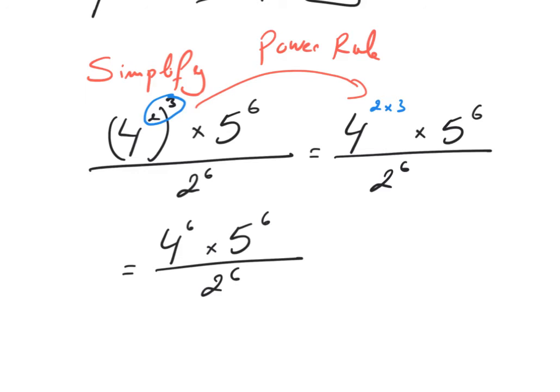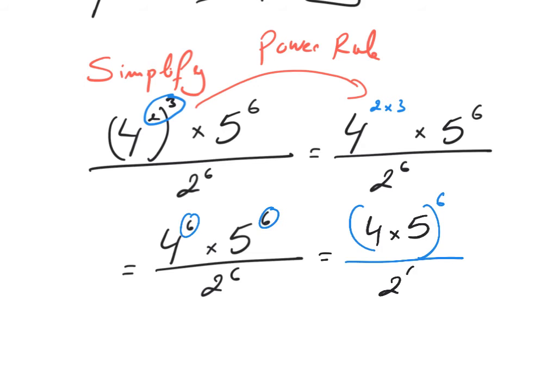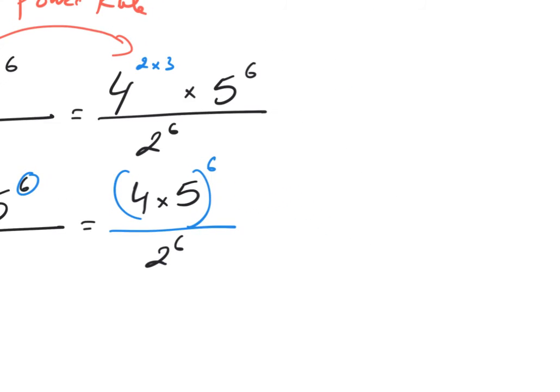So we have 4 and 5, and since they have the same exponent, which is 6, we're going to combine them in parentheses to the 6th power over 2 to the 6th power. 4 times 5 is 20, so it's 20 to the 6th power over 2 to the 6th power.